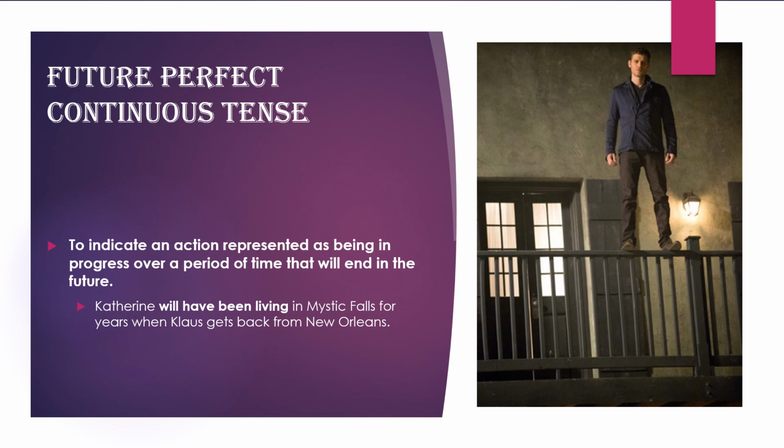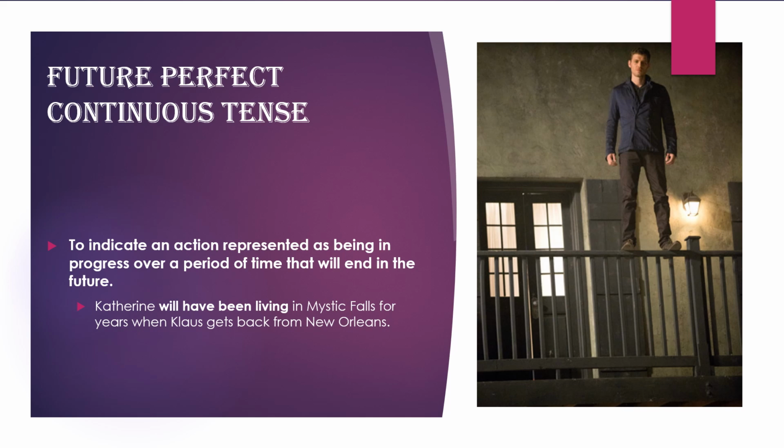Klaus shifted to New Orleans to find a doppelganger, again to break the curse. Because the character Klaus has already gone to New Orleans, by the time he comes back, Catherine will have been living in Mystic Falls.